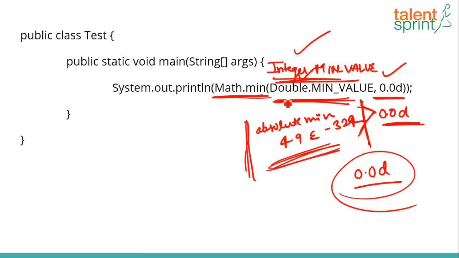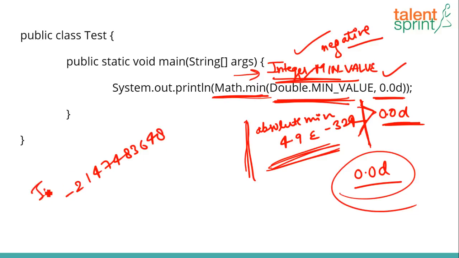Now, in place of double, had we had integer, that is Integer.MIN_VALUE, it gives you a negative value: -2147483648.